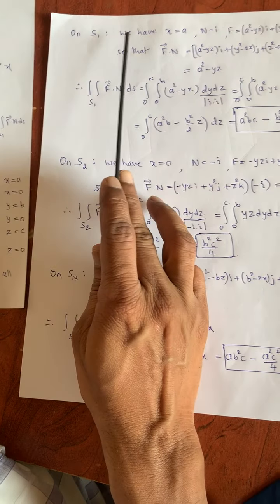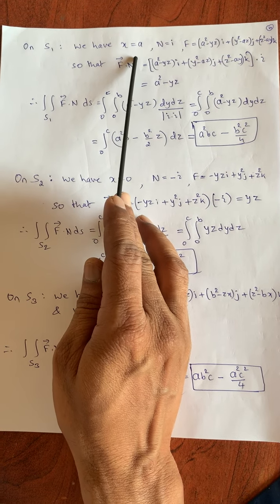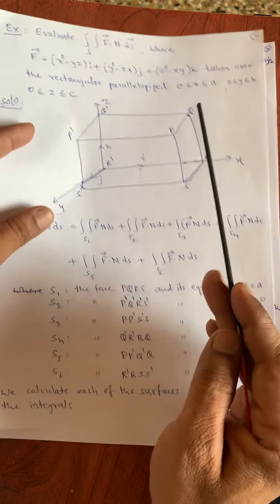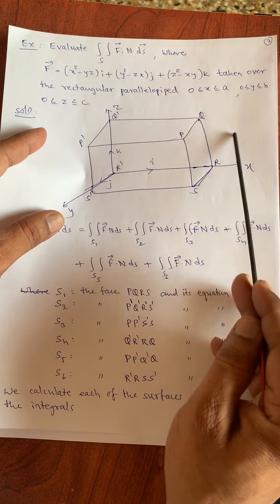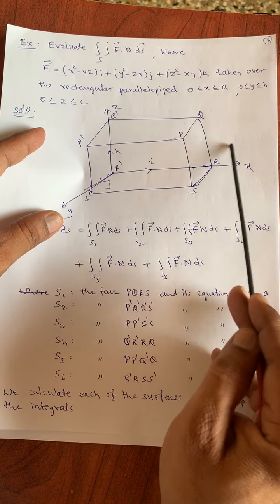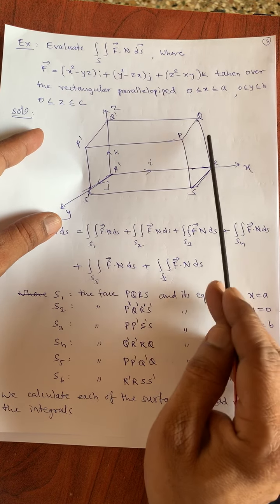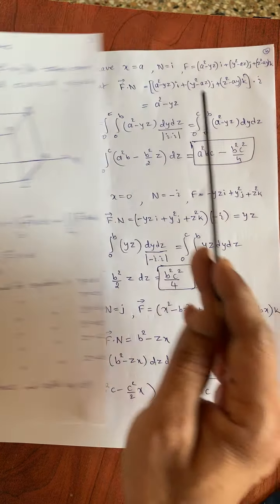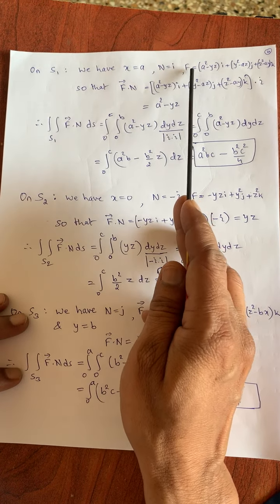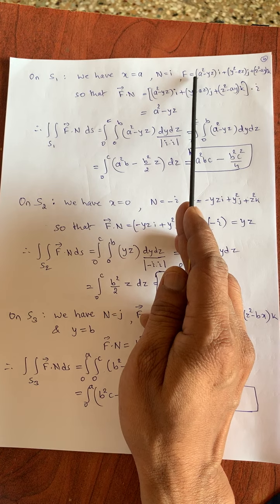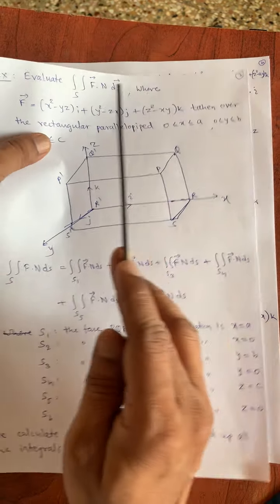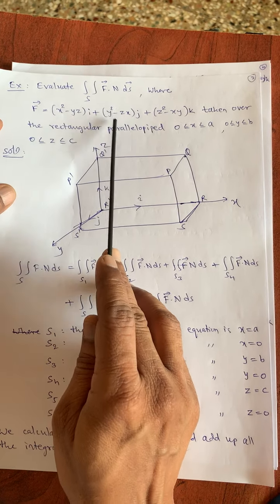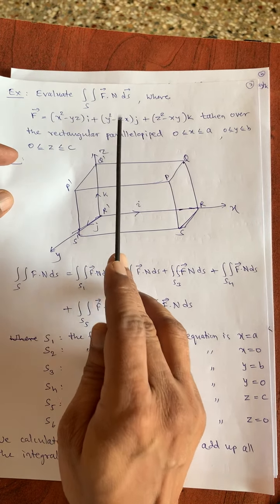So on S1 we have x = a and n = i. The unit normal to the surface will be in this direction, in the direction of i, so n = i. F is given in the problem, and here we put x = a.